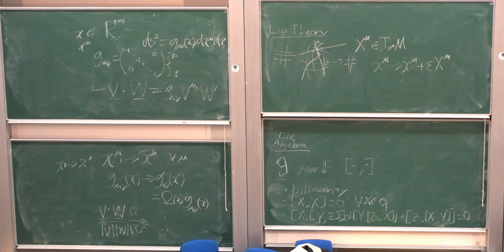That is equivalent to the identity point plus the tangent vector, some small number delta t times the tangent vector in the Lie algebra.